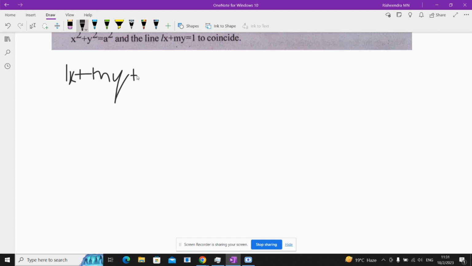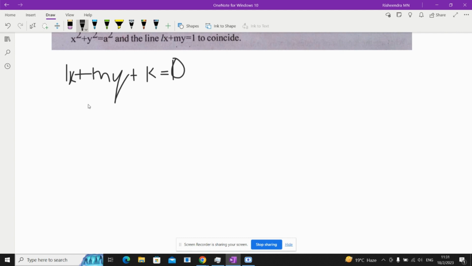Let's write it in intercept form, because in intercept form there will be 1 on the other side, and the rest of the things will be on the left side.